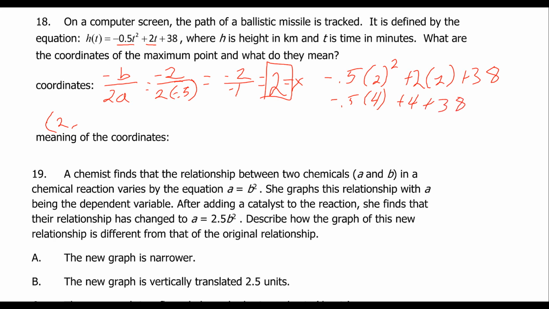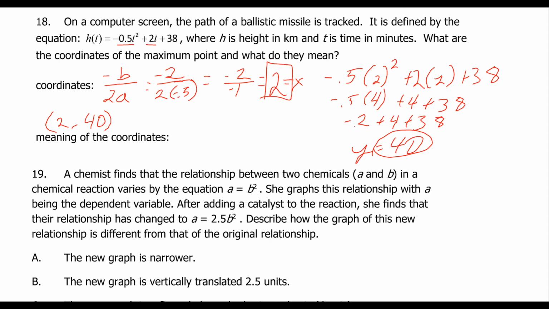And 4 times 0.5 is negative 2, plus 4 plus 38. Negative 2 plus 4 is 2. 2 plus 38 is 40. So that's going to be our y-coordinate.